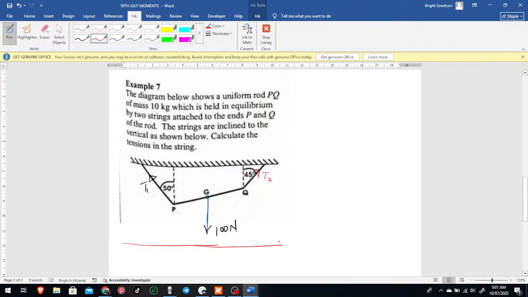It's more of a moment problem and also a string problem. When we started doing moments, we said it's force times perpendicular distance. But sometimes the force can be inclined at an angle, right? So you have to resolve the perpendicular component and use that one, right?